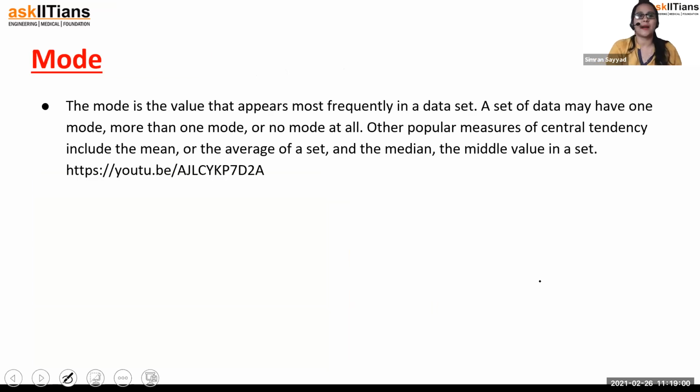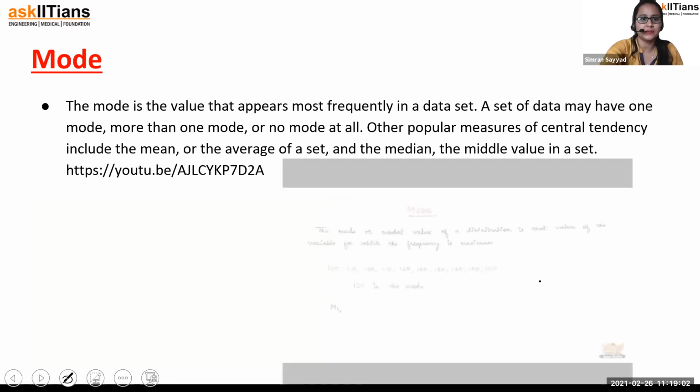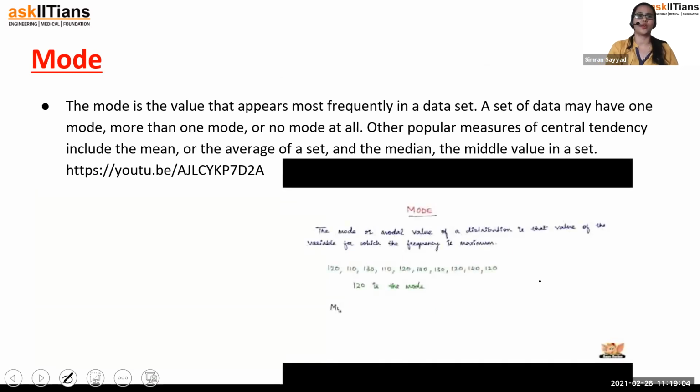The next part is the mode. How do you calculate a mode? Mean we understood is nothing but an average, but what is mode? The mode is the value that appears most frequently in a data set.